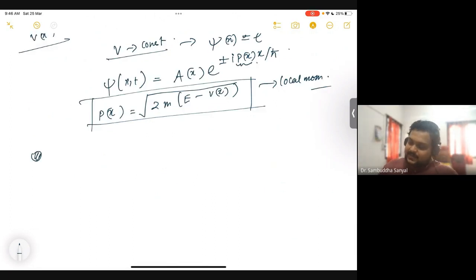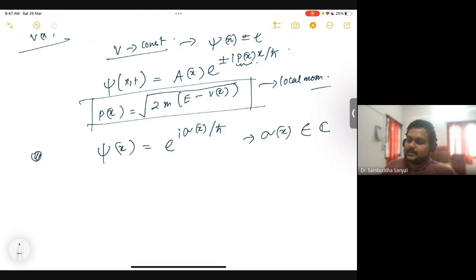So let us say for simplicity, I take the psi of x. I work with only the space dependent part, the static Schrodinger equation, and take the solution of the form e to the power i sigma of x by h bar, where sigma of x is a complex number. What did I do?